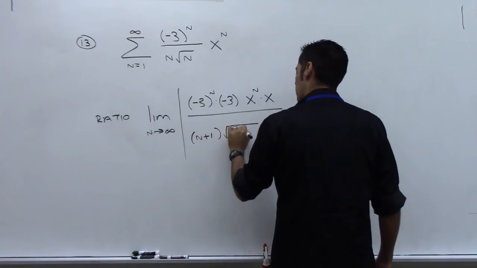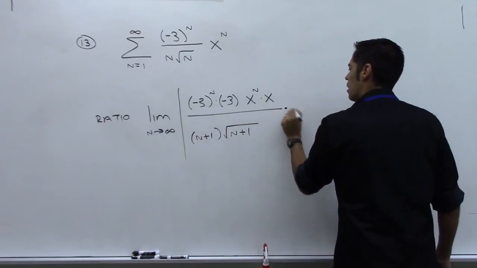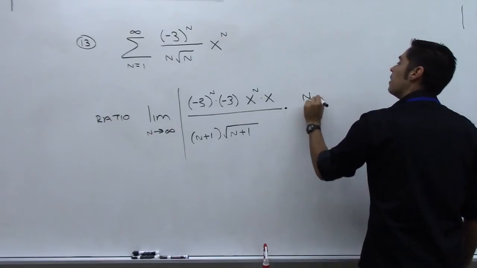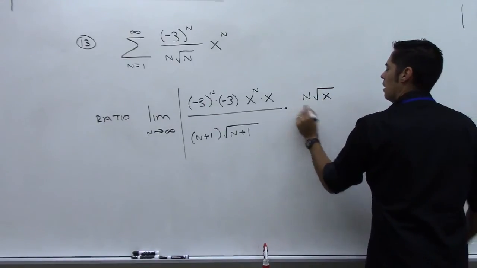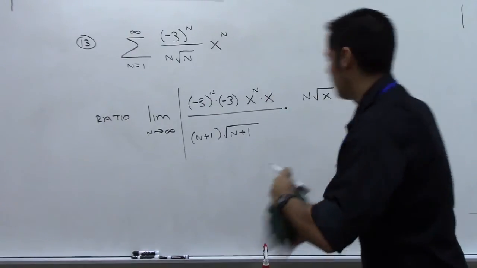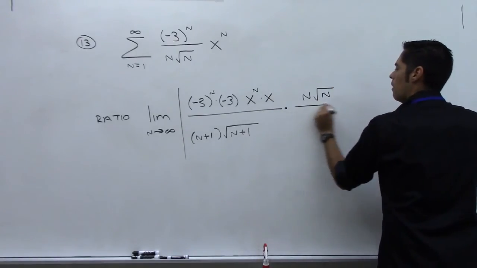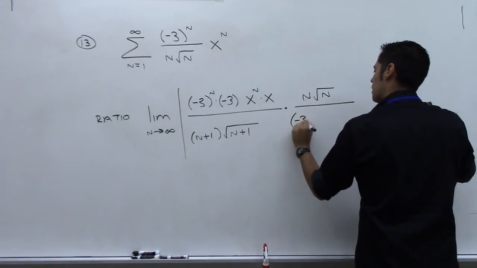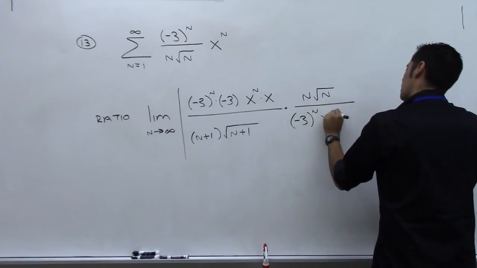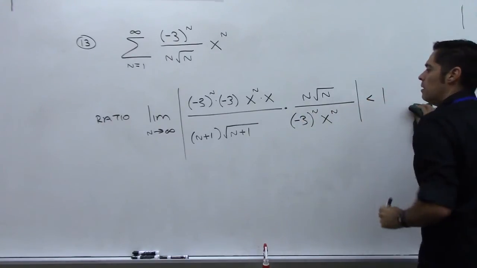Feels like I did this problem already. And then flip it up there, and then negative 3 to the n, x to the n. I need that to be less than 1.